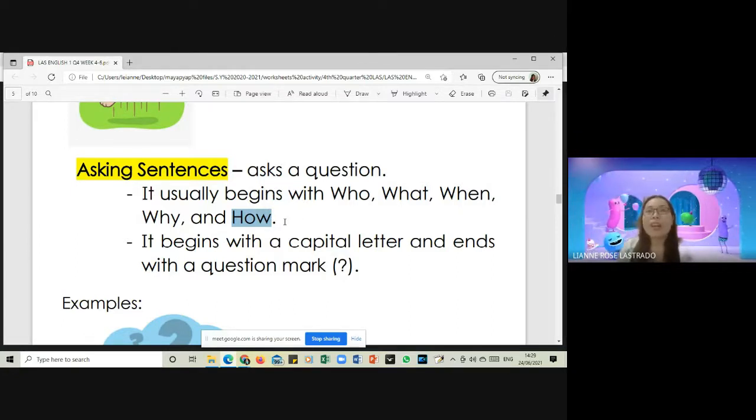For example, how to cook adobo. So you will answer me the steps or the things that you did in order to cook adobo. Or how to wash clothes. So for example, you're asking Nanay Ora. So Nanay Ora is going to tell you, okay, first you separate the colored clothes from the white ones.